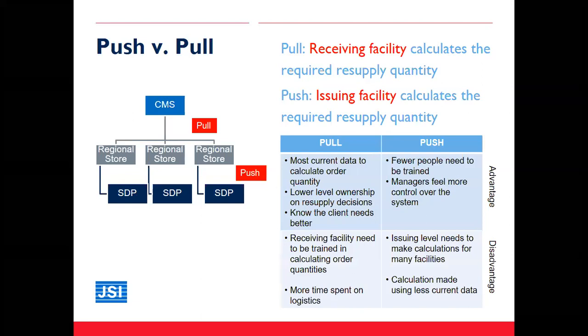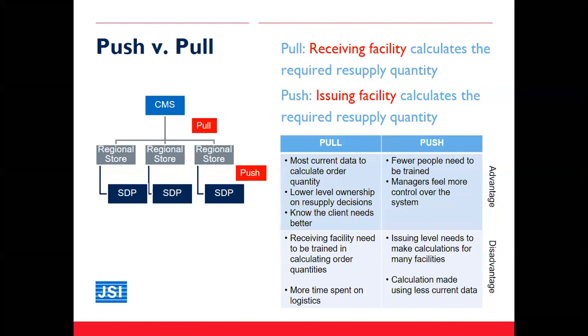Now, there's quite a lot of information on this slide, so you can have a minute to look at it. But when considering whether you want a pull relationship or a push relationship between different levels in the pipeline, there are advantages and disadvantages in choosing which system you decide for the relationship between levels. Particularly, these differences happen between training requirements and workload.